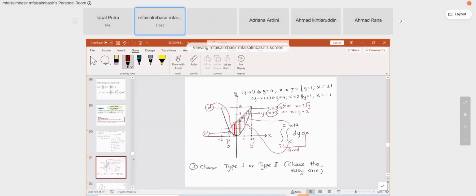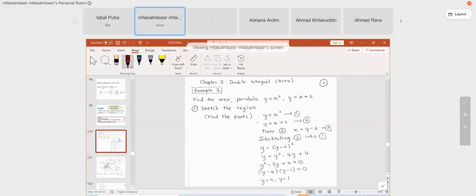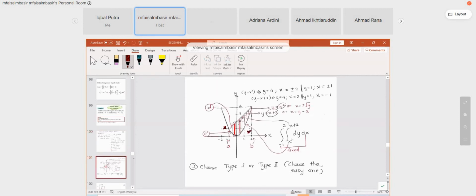The line x plus 2 gives this here. So you cannot choose this or this; you have to choose inside here. When you do simultaneous equations, you get 2 points, which is here and here. So make sure you know whatever you're doing.